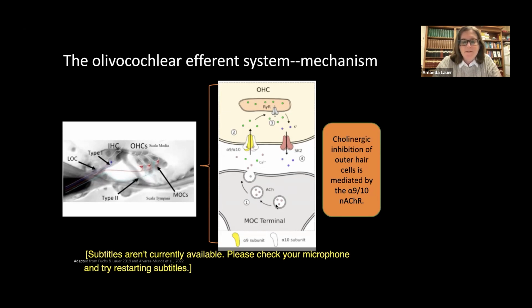What happens is you get release of acetylcholine from the medial olivocochlear synaptic terminal, and that excites these receptors, which causes a calcium influx into the outer hair cell through a cascade of events. This also results in a potassium outflux.